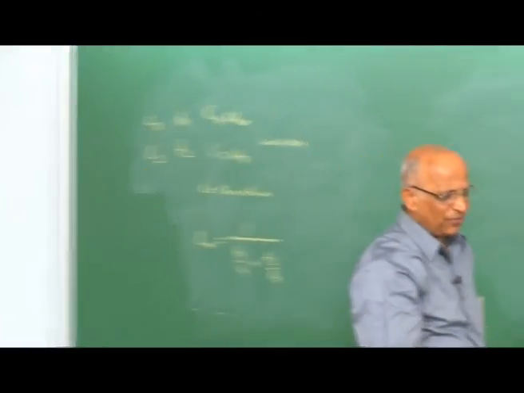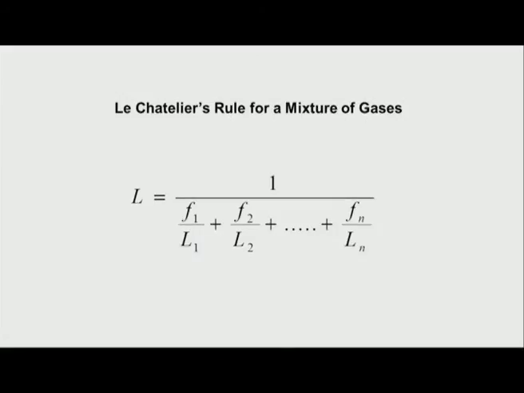All I say is, when I have a mixture of gases which contains maybe gases of similar structure, I have fractions F1, F2, F1 corresponding to gas 1, F2 corresponding to the combustible gas 2, and so on, up to Fn corresponding to the nth combustible gas, and the lean limit of gas 1 is L1, the lean limit of gas 2 is L2, and so on up to Ln.